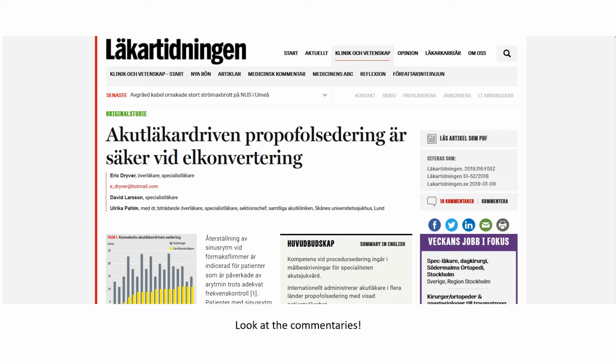I won't go into this anymore in this lecture, but I think it's important to acknowledge that there is a tension here, and that we always have to do what is best for the patient, and there might be a space for us to do propofol or sedation with ketamine, which is already done really safely pre-hospitally.